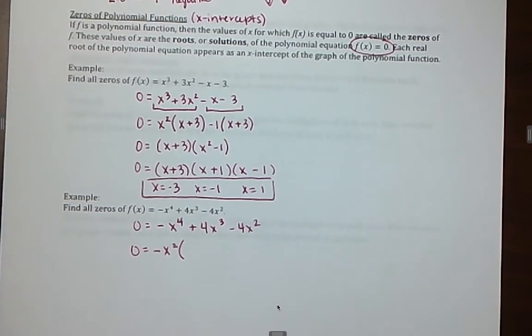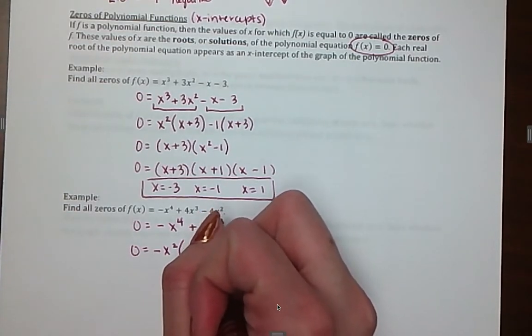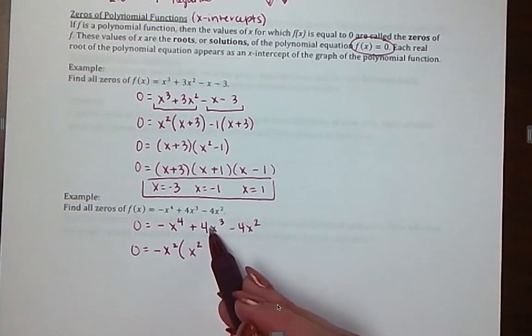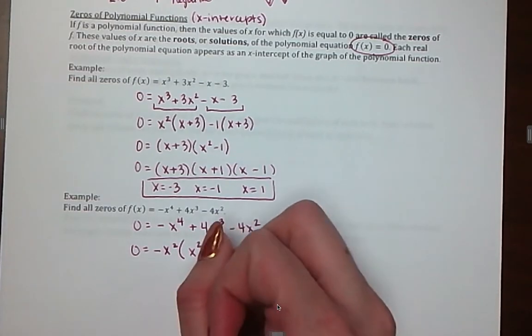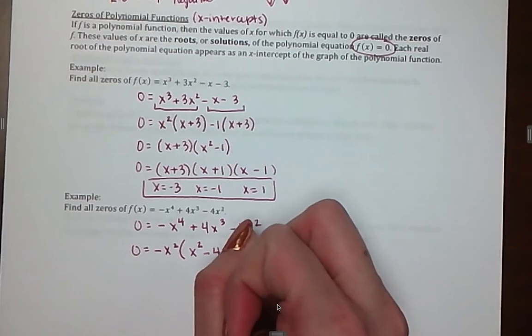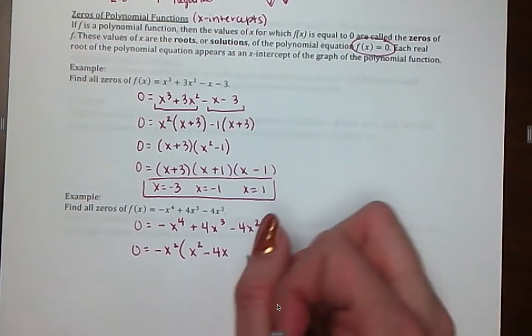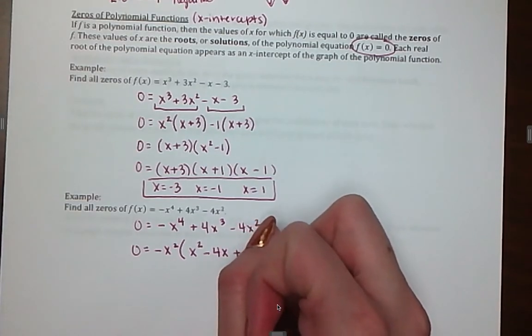Okay, so it's negative x to the 4th divided by negative x squared. x squared. 4x cubed divided by negative x squared. 4 divided by negative? Negative 4x. And negative 4x squared divided by negative x squared. Plus 4.